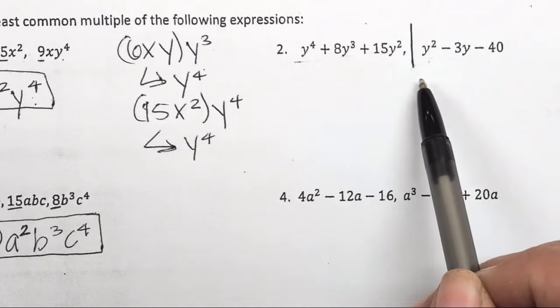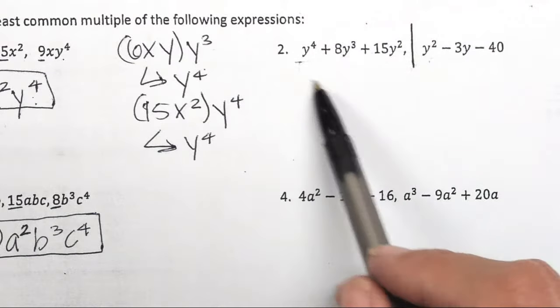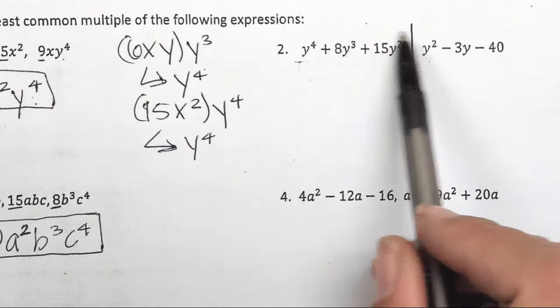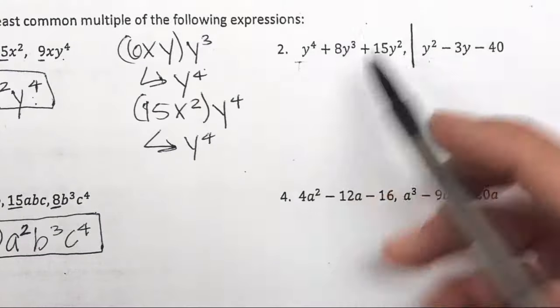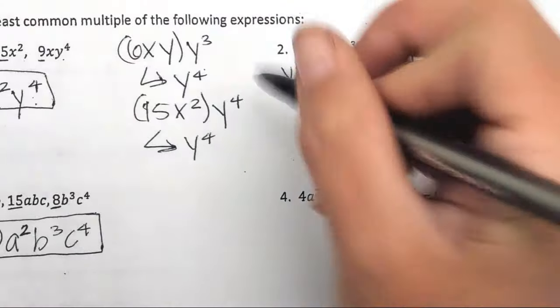See if that works. And what I mean by factor, how would we factor this one? Pull out a y what? Squared. Good. They all have y squared in common. So if I pulled out a y squared, what would I have in my parentheses?